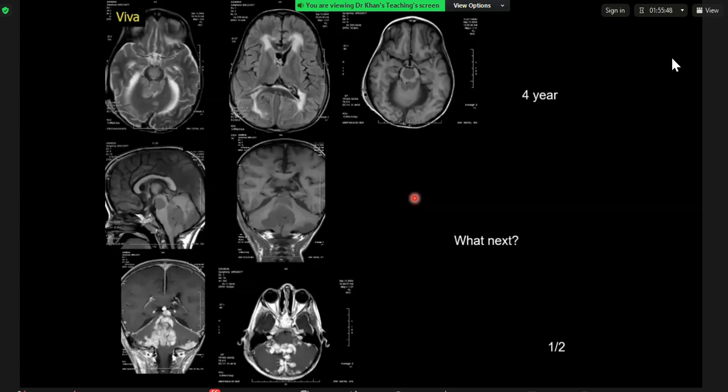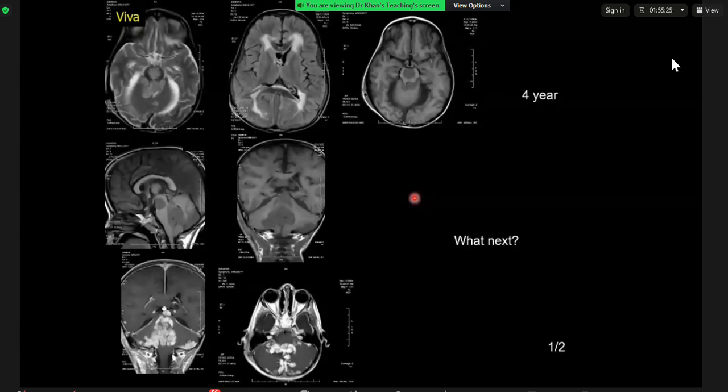There is the impression of an additional lesion in the pons with similar signal characteristics to what I've described, although I don't have the pons on view on my post-contrast images, so I can't comment on contrast enhancement there.